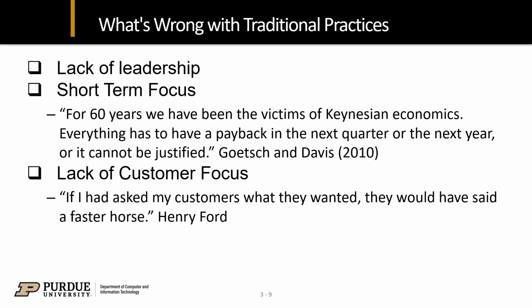Another problem is short-term focus. And it says everything has to have a payback in the next quarter, the next year, or it cannot be justified. Especially true in U.S. companies. Because of the stockholders, got to pay dividends, bonus checks, performance evaluations. A lot of it is all based on an annual basis.